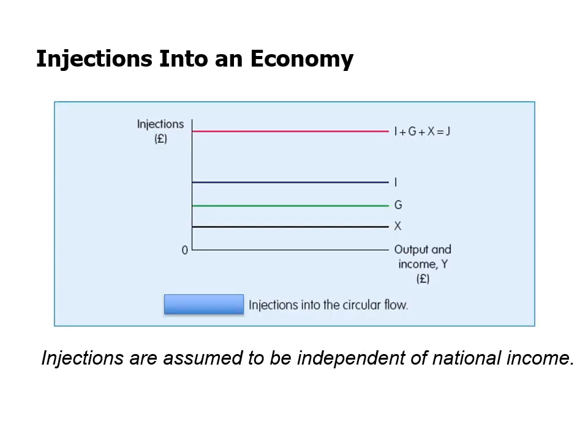Okay, we can illustrate injections into an economy this way as well. So we have injections here on the vertical axis. We have output and income here on the horizontal axis. Okay, now what makes up injections into the economy? So we can just denote injections by the letter J. J for injections.